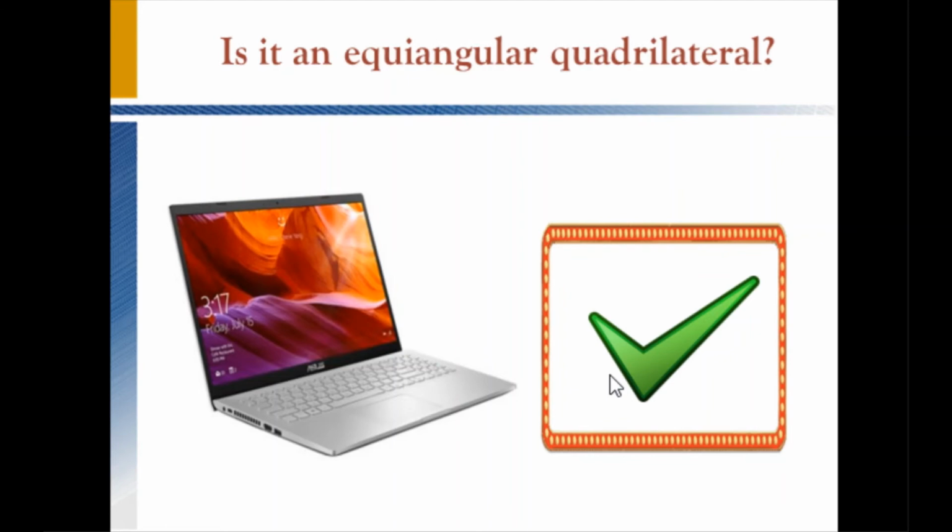No. Is it shaped like a rectangle? Yes, very good. And if it's shaped like a rectangle or a square, it means it has four angles. Correct? Okay, very good. That is why a laptop is an example of an equiangular quadrilateral.